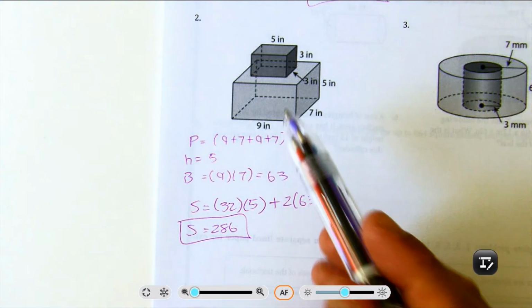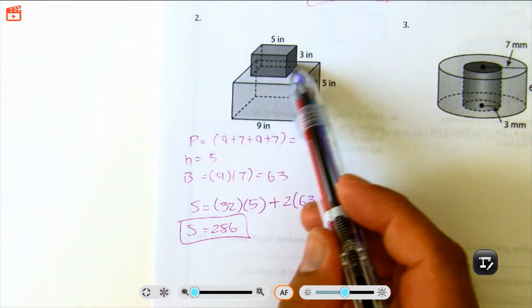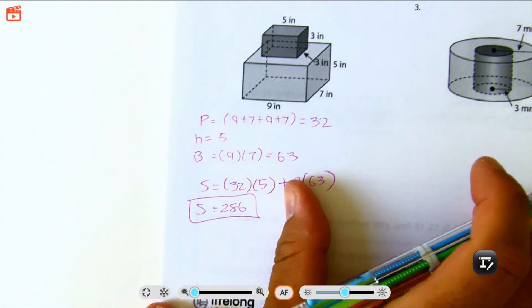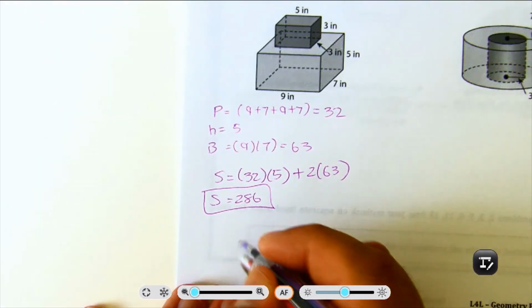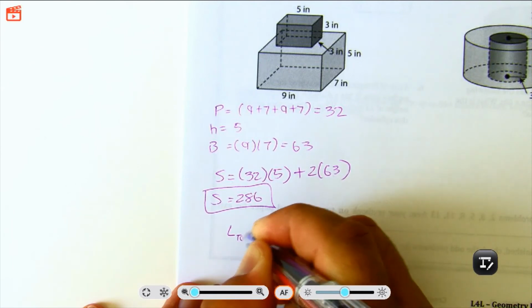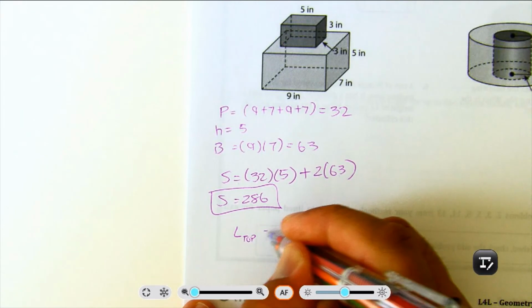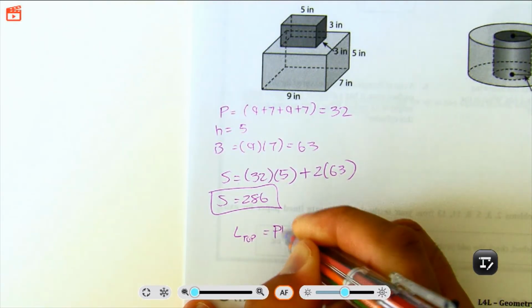So pretty much all we really need to do is cover the sides of the top prism. And to cover the sides, all we need is to find the lateral area of the top. So I'm putting L top, which stands for lateral area of the top, and the formula again is the perimeter of the base times the height.